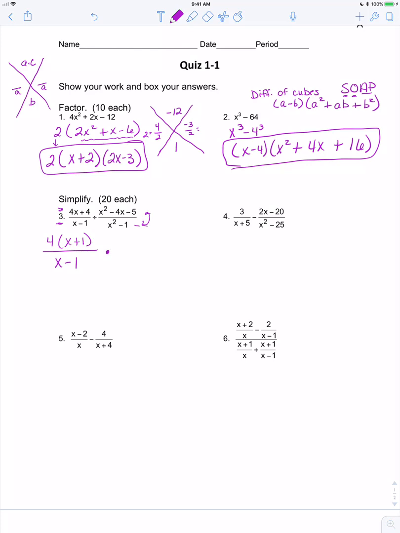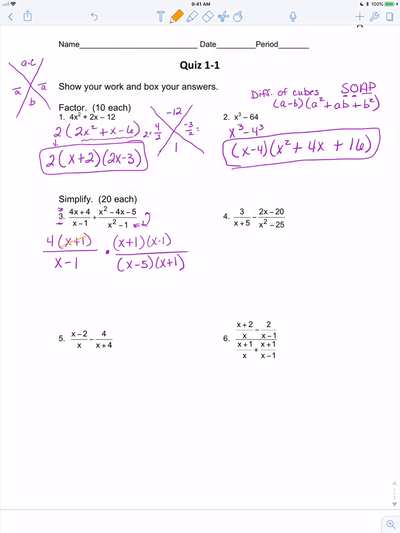So x squared minus 1 is now on top, and that factors as x plus 1, x minus 1, and then our x squared minus 4x minus 5 should factor into x minus 5, x plus 1. Multiplies to be negative 5, adds to be negative 4. Okay, so remember from there, we just start reducing.